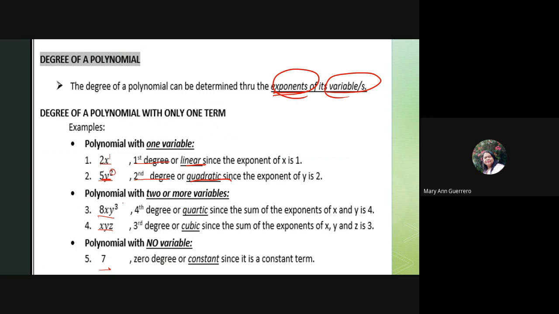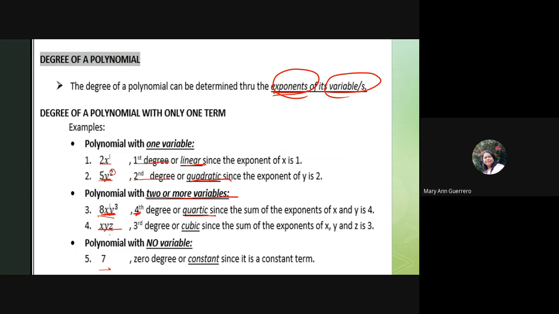Ito naman pagka 2 or more variables. Okay, katulad dito, x, y. Alam natin na kapag walang variable, ay walang exponent, 1 ang exponent. So, ang gagawin natin dyan, we will just add the exponents of x and y. So, that is 1 plus 3, which is 4. Kaya, 4 degree siya, which is called quartic. So, ito naman, xyz.